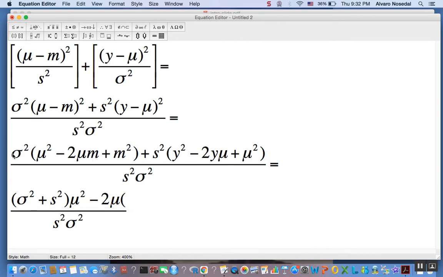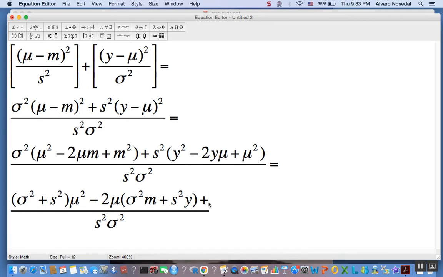So what we have here is sigma squared times m. That takes care of that term. Agreed? Now plus, times minus, that's this guy, and then we have s squared times y. Agreed? And we're done with those terms that have to do with mu. Okay?